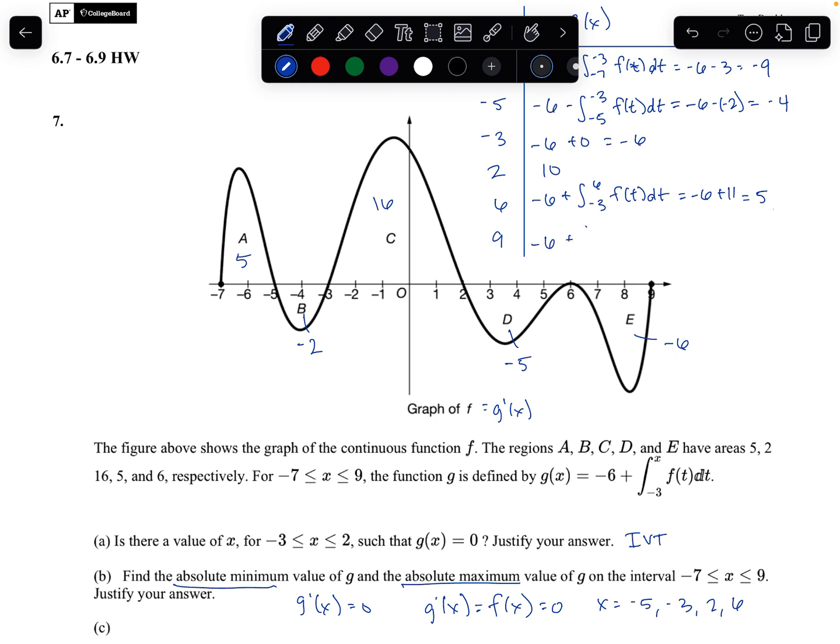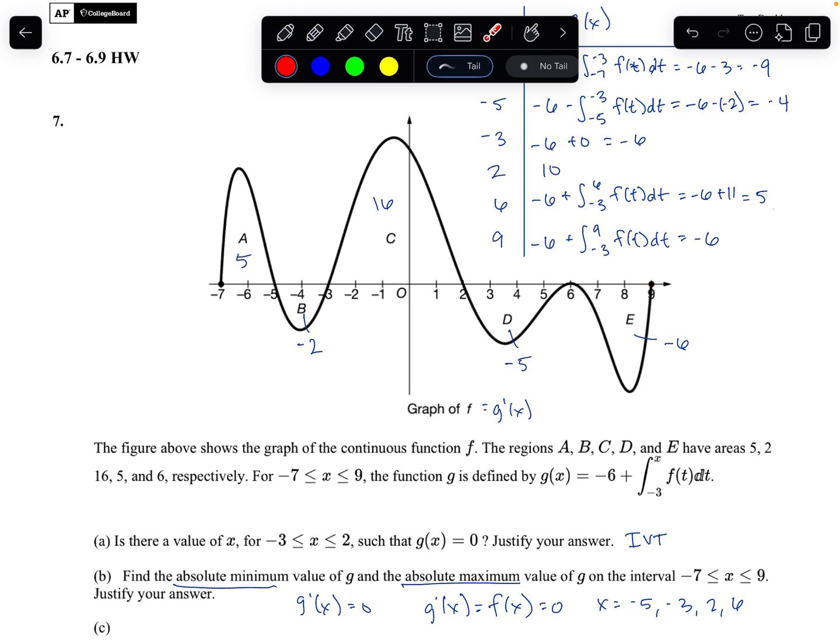And then for 9, we'll do -6 plus the integral from -3 to 9 of f of t dt. And then from -3 to 9, that's going to be 16 minus 5. One second, sorry, just thinking about something.